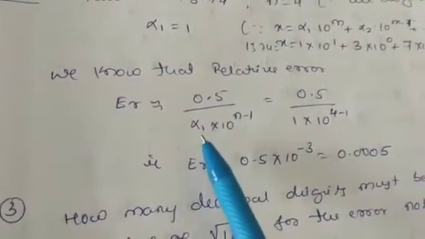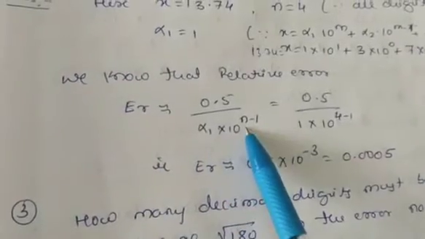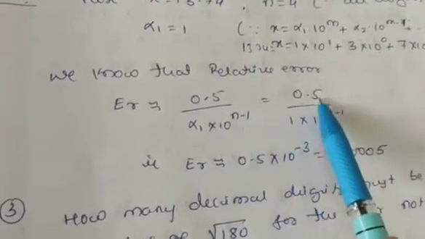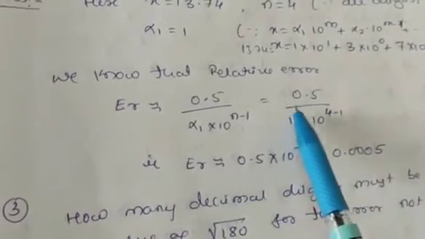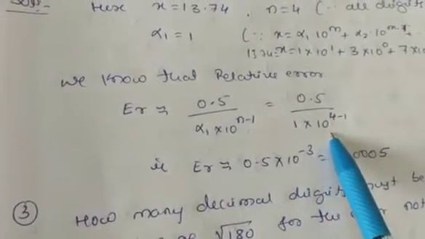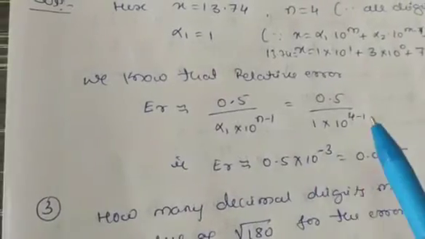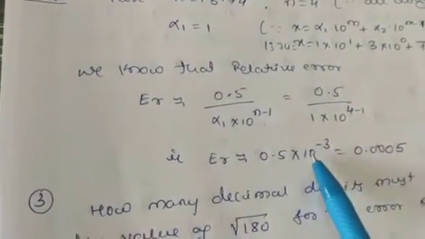So here let us substitute the values of alpha 1 and n. It is equal to 0.5 divided by 1 into 10 raised to 4 minus 1, that is 0.5 divided by 10 raised to 3. If you take it to the numerator, the power becomes minus.